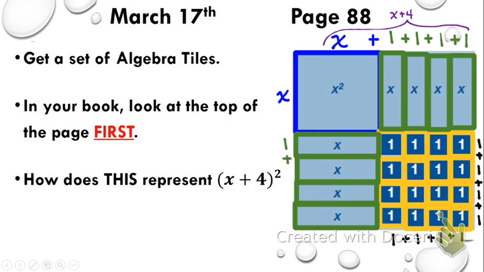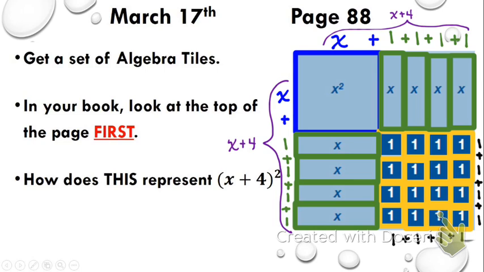So I have 1 plus 1 plus 1 plus 1, which is what? 4. So the entire side is 4 plus x, or x plus 4.